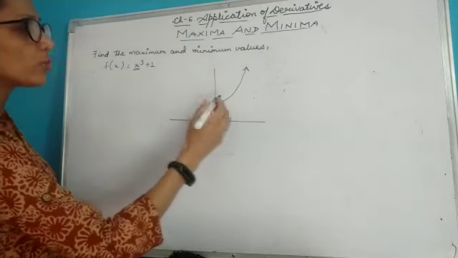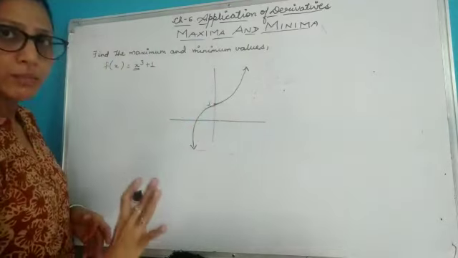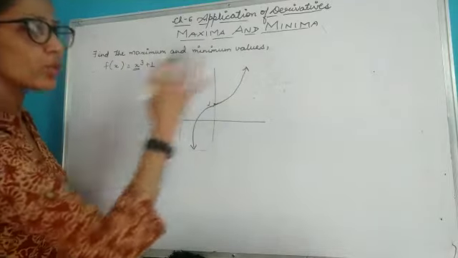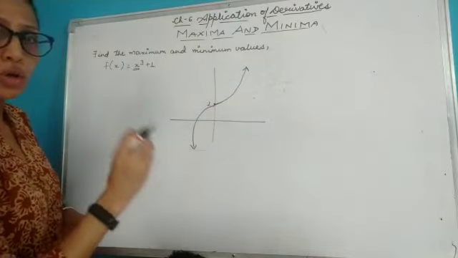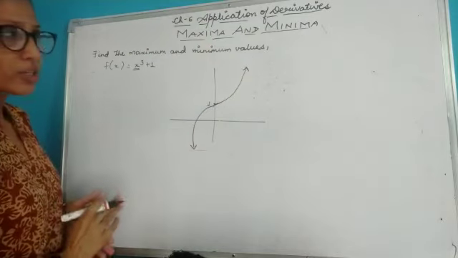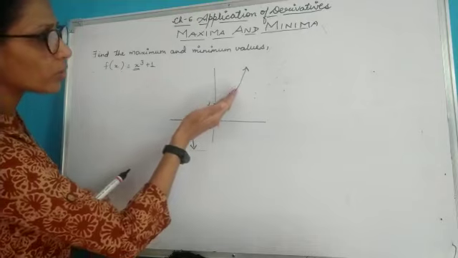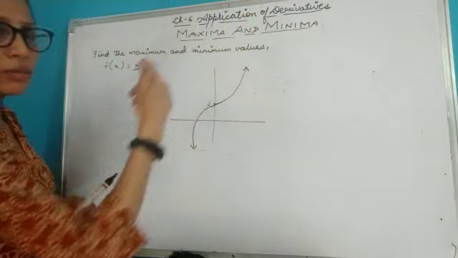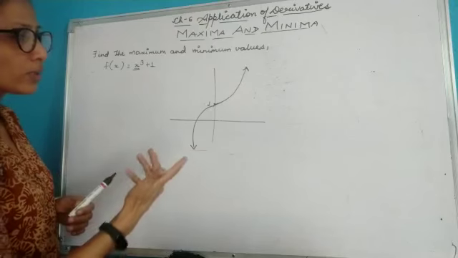So here you will not get any maximum value at any point on the function, and here you will not get minimum value at any point on the function. That means here it is going on increasing and increasing up till infinity. So you are not able to find out any highest value over here.